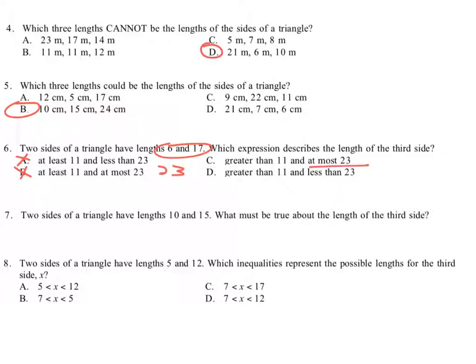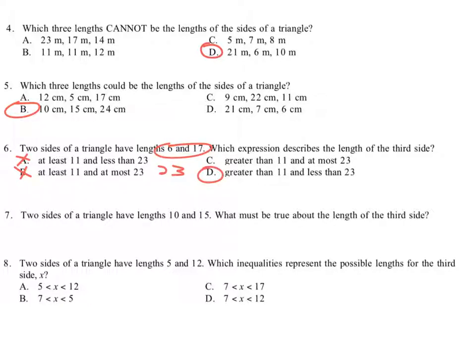So it can't be at most 23, because if the other side was 23, then we would get that same situation where we have one side here, another side here of, let's say, 6, another side here of 17, and they're just sitting on top of each other because there's not extra to pop it up. So we can't have it be 23, so it's got to be less than 23. So we would then say, okay, greater than 11, less than 23, and that would be D.